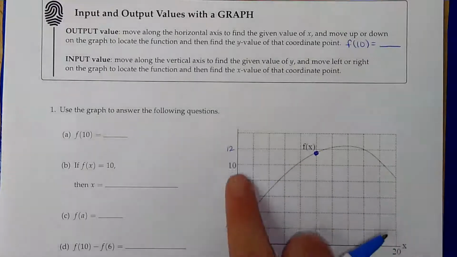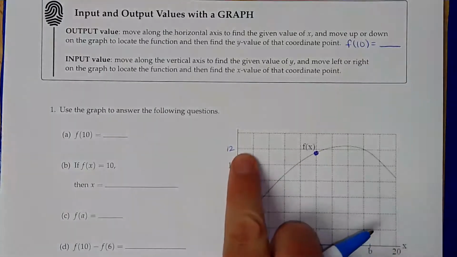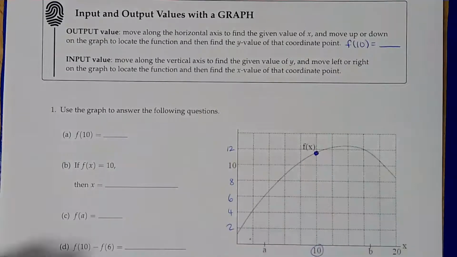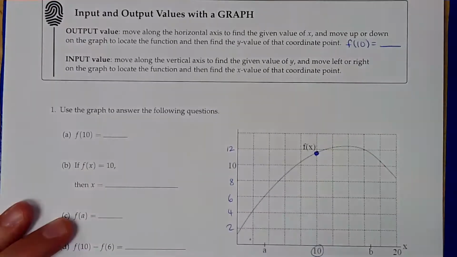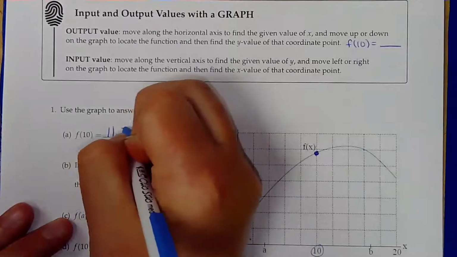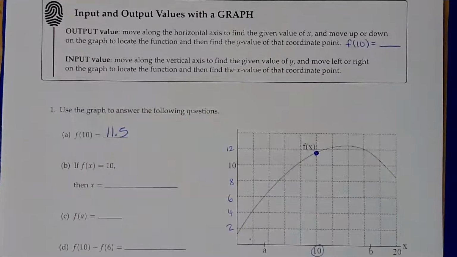So we know that this number is somewhere between 10 and 12, closer to 12. And so you can do your best to approximate it. It turns out that I know what the function is, so I know what the exact value is. It's 11.5. But if you said 11.3, if you said 11.7, I would take kind of anything in that range. As long as you're in the ballpark, you're fine.